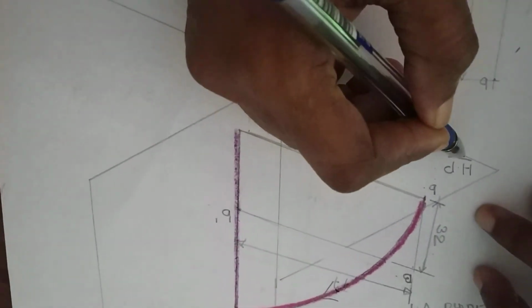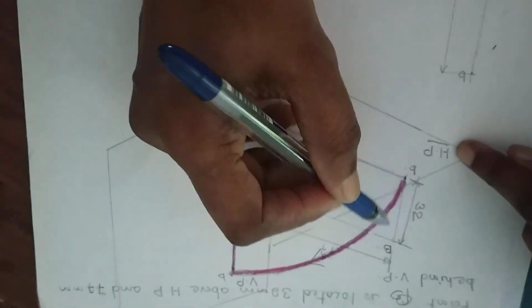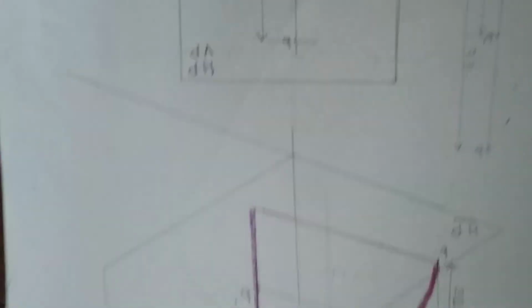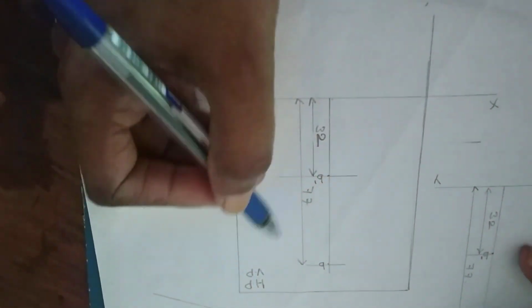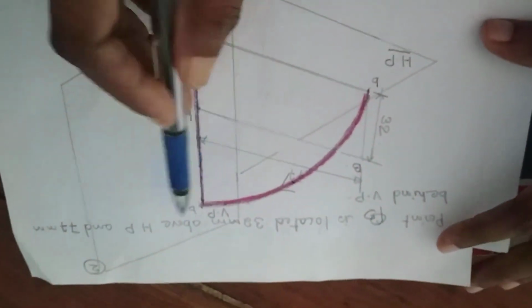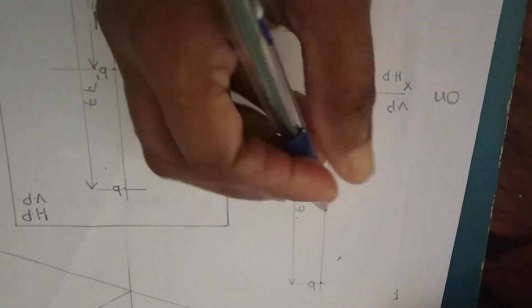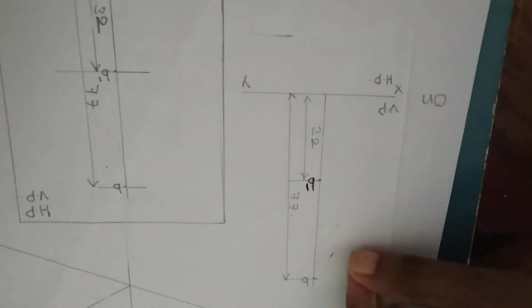On the clockwise rotation of the HP plane upwards, the point B from the HP plane has moved to this point, and after rotation, in the same plane you have B dash and B, and this is my orthographic projection. For the given question, above HP 32 millimeter, the front view is represented as B dash, and the top view is behind VP.